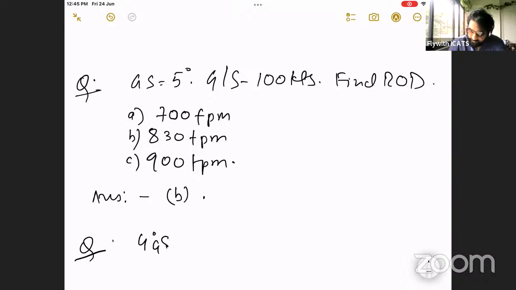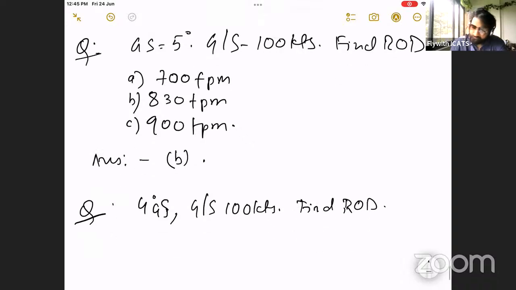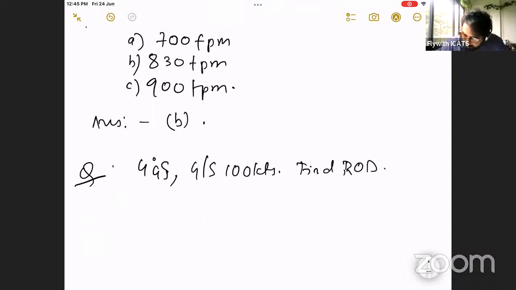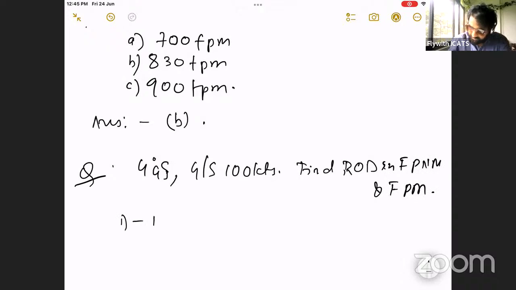Do this. 4-degree glide slope, ground speed 100 knots. Find ROD. Find ROD in feet per nautical mile as well as feet per minute, both. So I want the answer in feet per nautical mile and give me ROD in feet per minute, both.